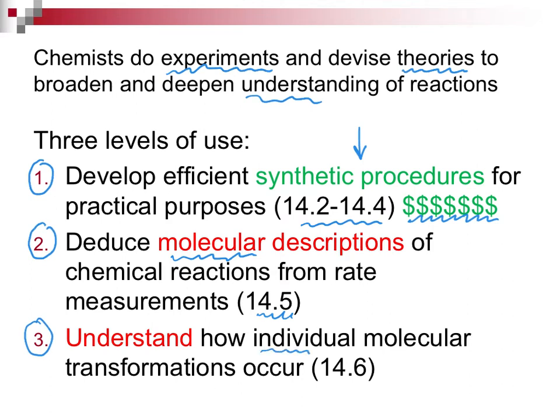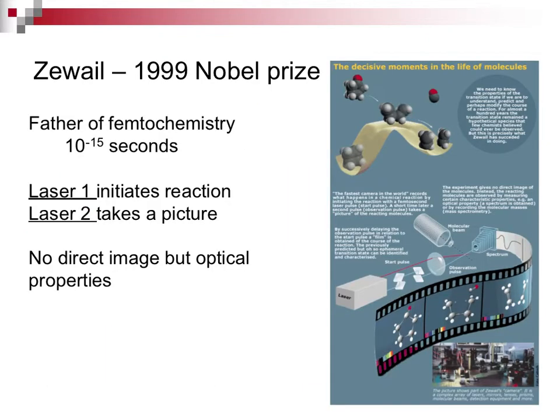Now, remember, this is an intro course. There's a lot more information. We do not go into depth, but this is to give you an idea of where kinetics plays a role. Zewail received the Nobel Prize in 1999, and they call him the father of femtochemistry. Why is that? Well, he looked at processes that occur on the order of 10 to the minus 15 seconds.